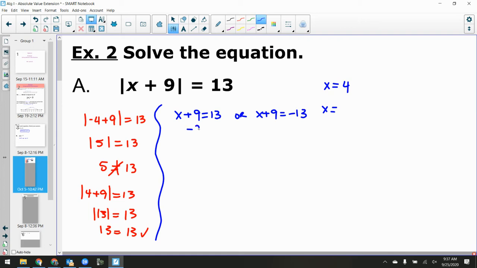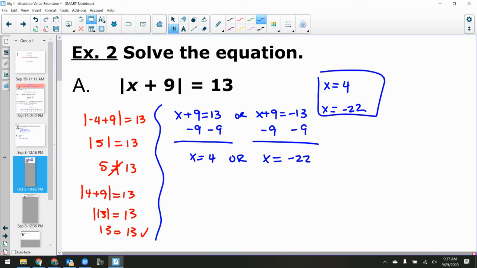Obviously, the first one, I subtract 9, and that's where my 4 comes from. Use the word or. We subtract 9 for the other one, and x is -22. And that's my other solution. X equals 4 or x equals -22. Don't trust me? Plug it back in. -22 plus 9 is -13.